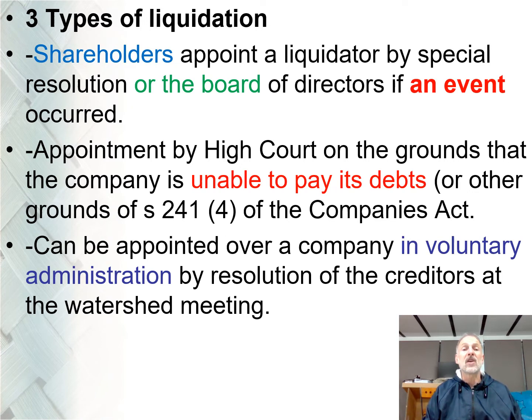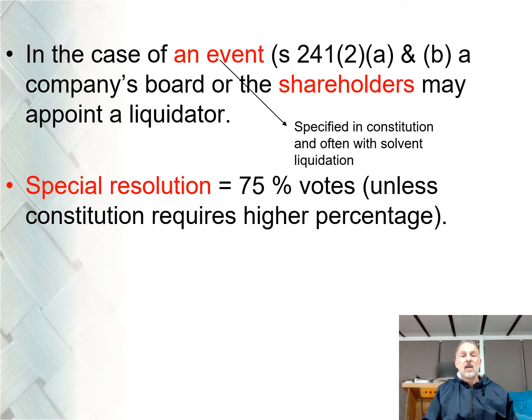The liquidator can also be appointed over a company in voluntary administration by resolution of the creditors at the watershed meeting. In the case of an event, and remember, an event will differ from case to case, and it's usually specified in a company's constitution, and it can often happen that a company can be liquidated and still be solvent.